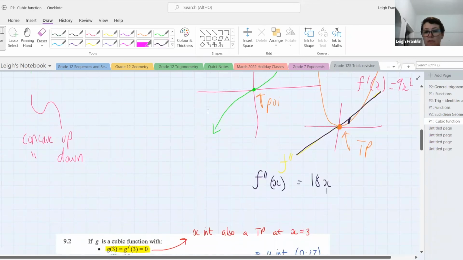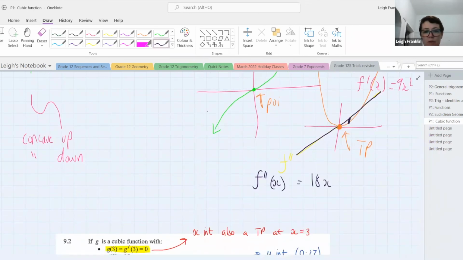Can you see that? That means the distance is going to be the y at the top, so 18 times 1, minus the y at the bottom, so 9 times 1 squared. Does that make sense to everybody? So it would be 9 units. There we go.